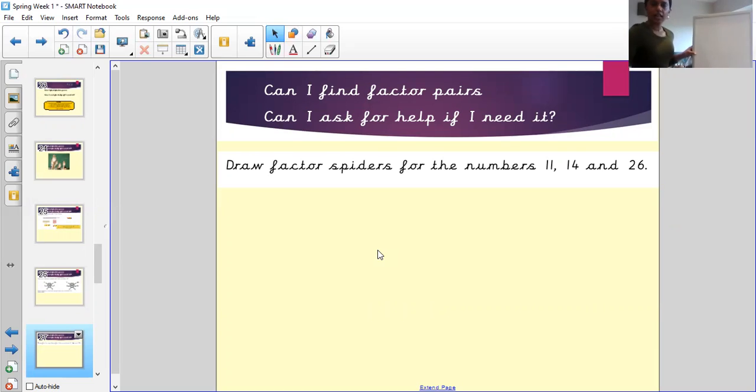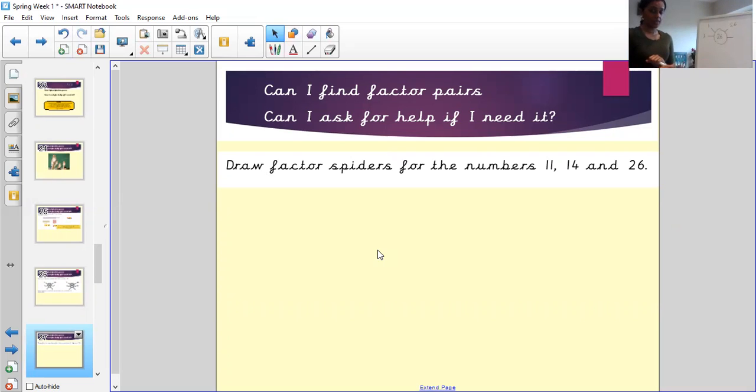Let's have a look at the number 26. So I'm going to write the number 26 in the middle of my spider. Let's see how many factor pairs 26 has. So 1 times 26 is 26. 2 times, what times 2 equals 26?